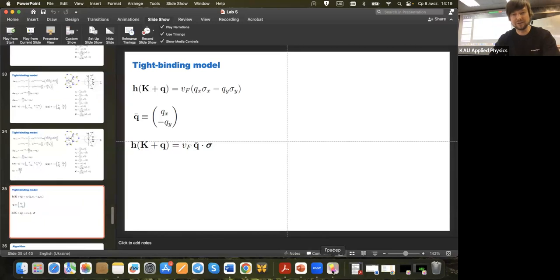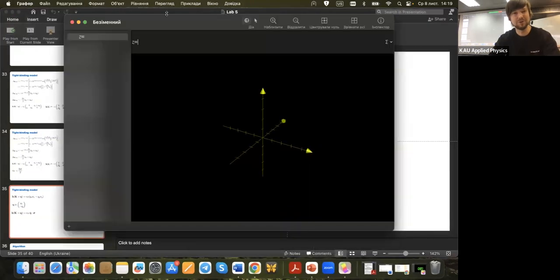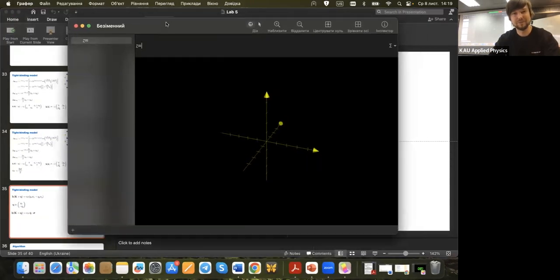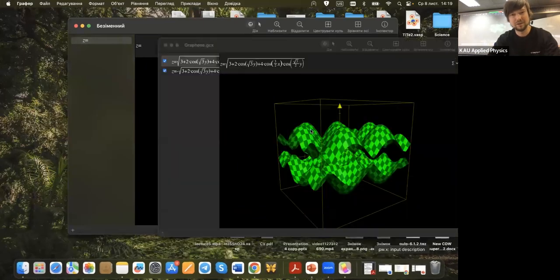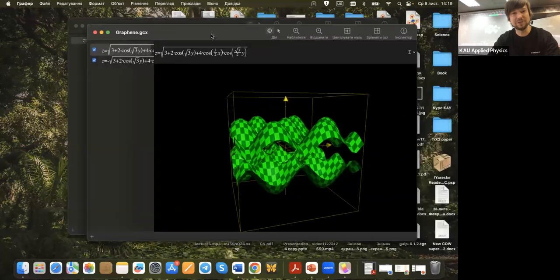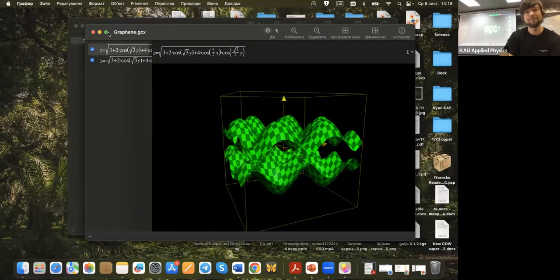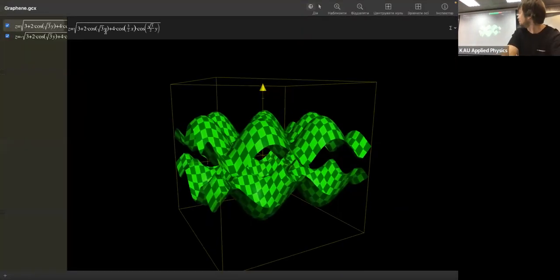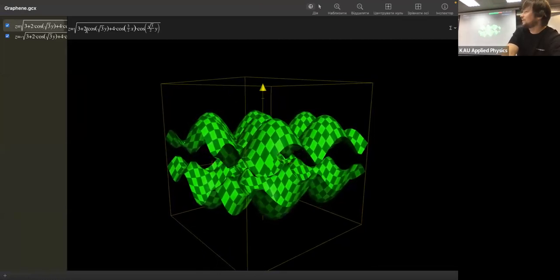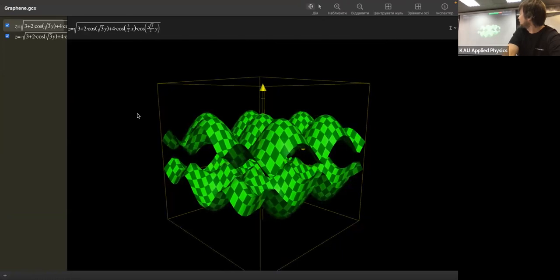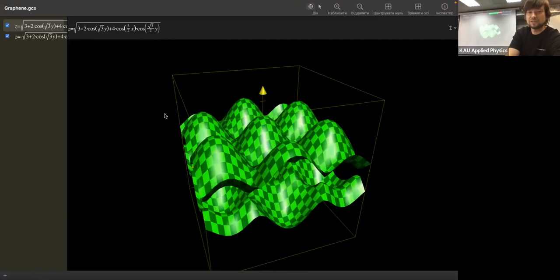And I have used such a program. It's called Grapher on a MacBook. I just typed all that formula here as a mathematical formula, and I get such a beautiful thing.